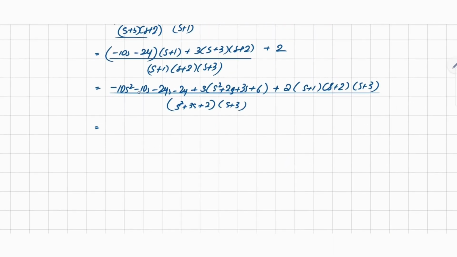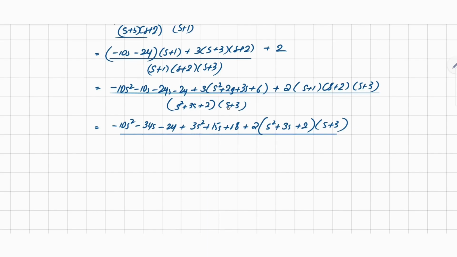Over here, we can simplify minus 10s squared minus 34s minus 24 plus 3s squared plus this is 5, so that's 15s plus 18, plus 2 times (s squared plus 3s plus 2) times (s plus 3).